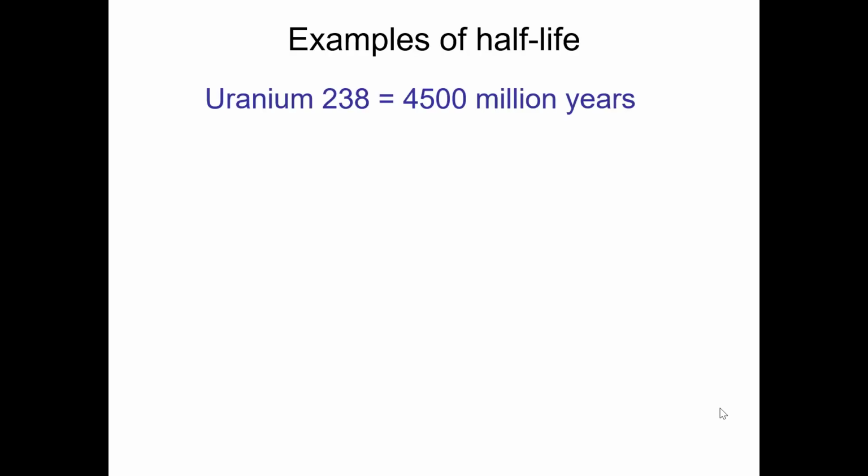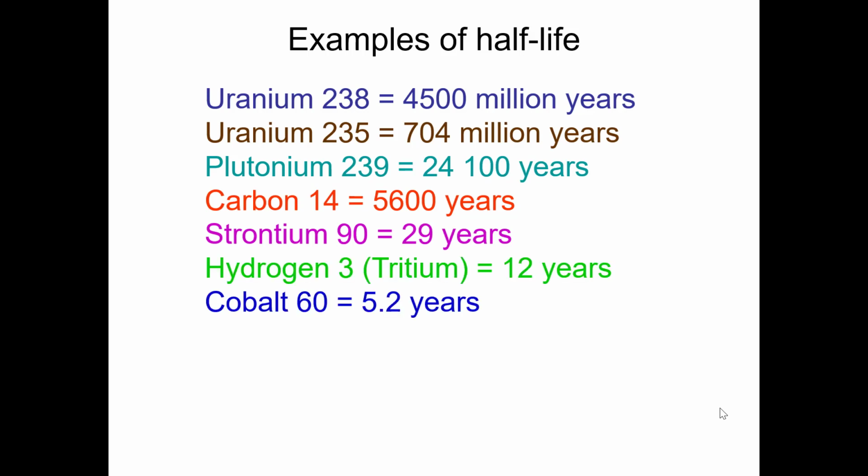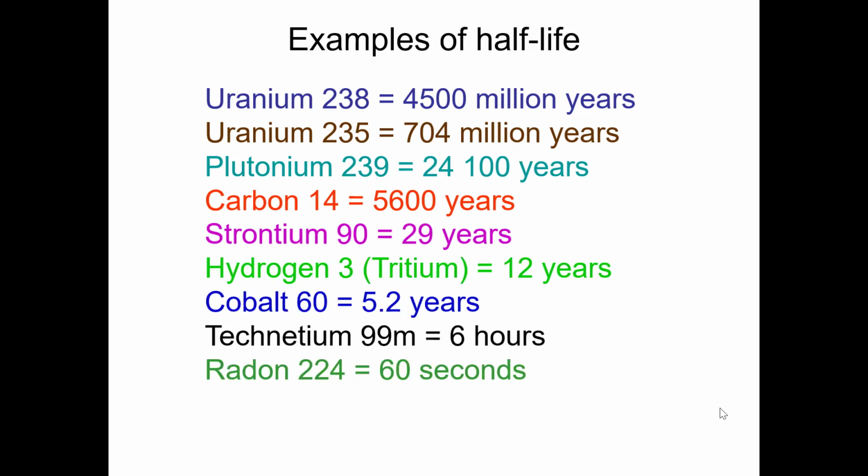We can look at examples of these atoms here. For example, uranium-238 has a half-life of 4,500 million years, and there are very many other radioactive isotopes. So, in case I ask a question that, for example, the half-life of carbon-14 is 5,600 years, what does this statement mean?